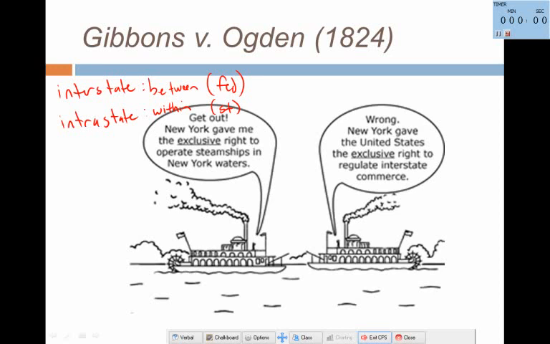Does that make sense to everyone, folks? So again, the idea of interstate is across state lines. Only the federal government can regulate that. Whereas within states, that's intrastate. Only states can regulate that. Make sense to everyone? Okay, make sure you understand it because we're going to have to get into this topic again in the next unit.